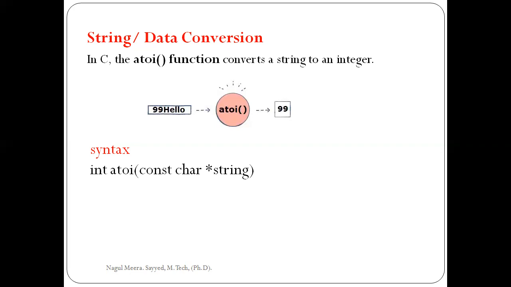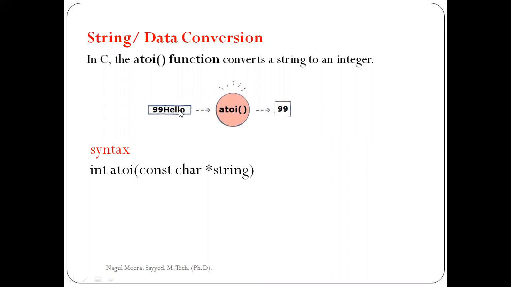Here there is one popular function, that is the ATOI function. Using this ATOI function, we convert a string into an integer. With this diagram, for example, I am giving some input as 99 hello.